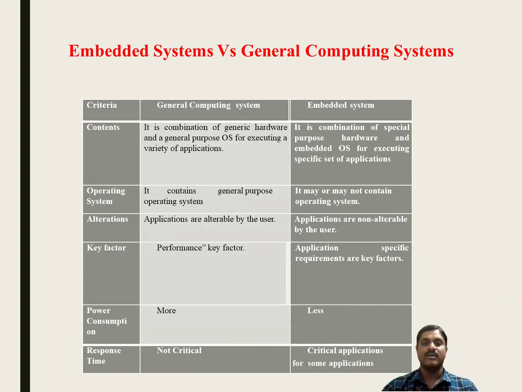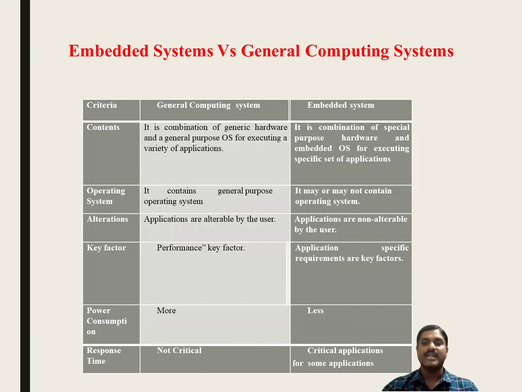So let's see the differentiation between embedded system versus general computing system. So let us take the first one. A general computing system is a combination of generic hardware and a general purpose operating system for executing a variety of applications.